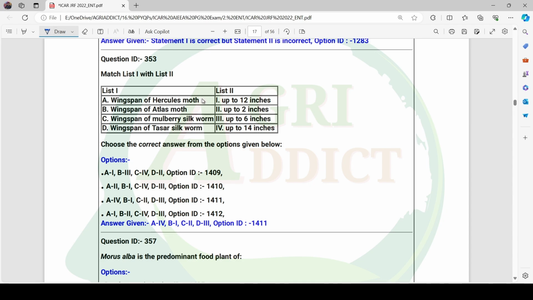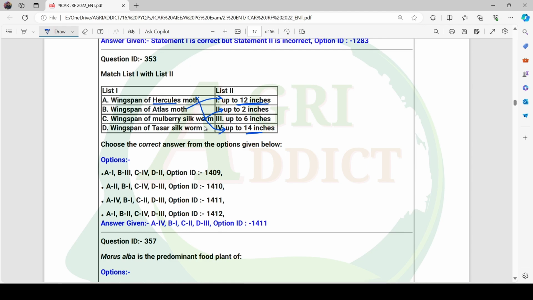So the wingspan of Hercules moth is up to 14 inches. The name just describes it, it will be Herculean type. So Hercules moth is the biggest, wingspan up to 14 inches. Then the Atlas moth is also a big moth, up to 12 inches. Hercules is bigger than Atlas here. Then the wingspan of mulberry silkworm is very small, up to 2 inches.